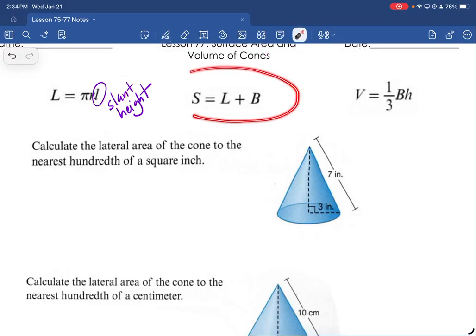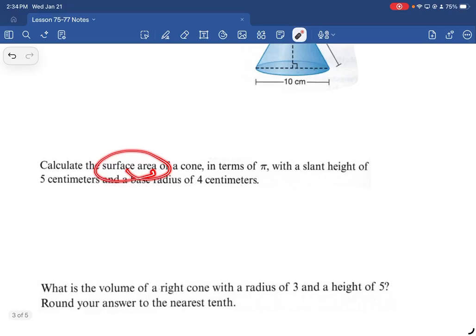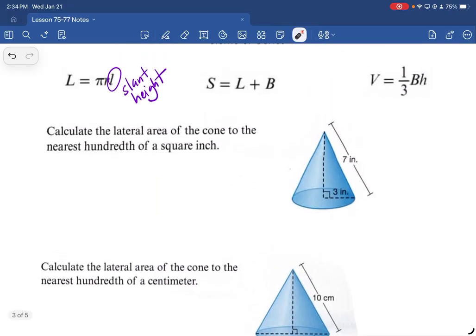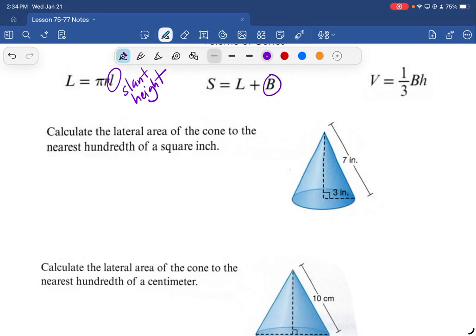Then for surface area, right here, see? For surface area, the formula is the lateral area plus, who remembers what big B stands for? It doesn't stand for base.